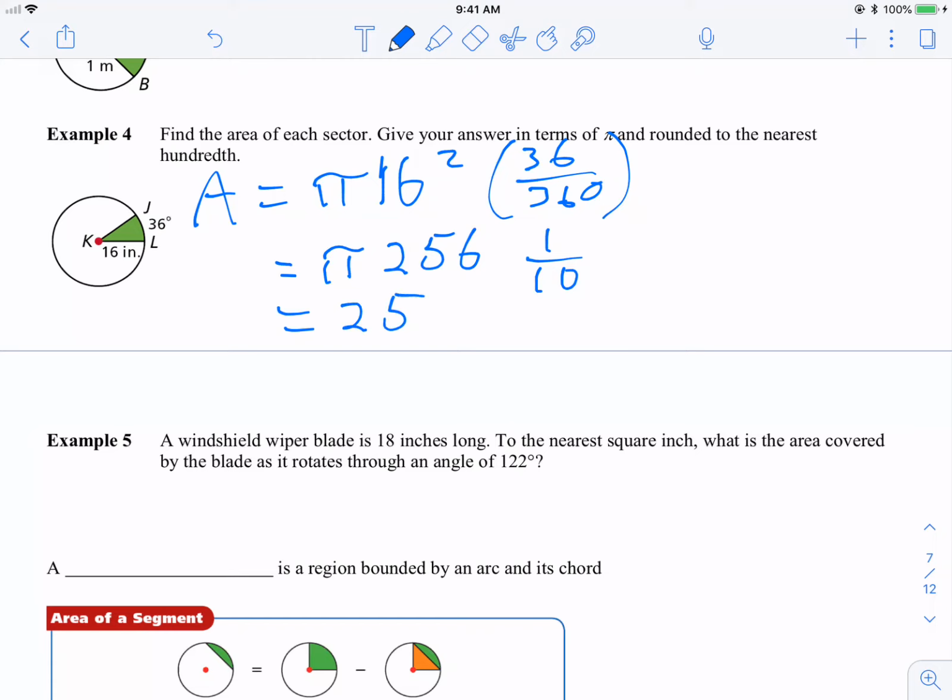We have 25.6 times pi square inches as our exact answer. And then we can multiply out the pi to get our answer rounded to the nearest hundredth. We get a final answer here of 80.42 square inches as our rounded answer.